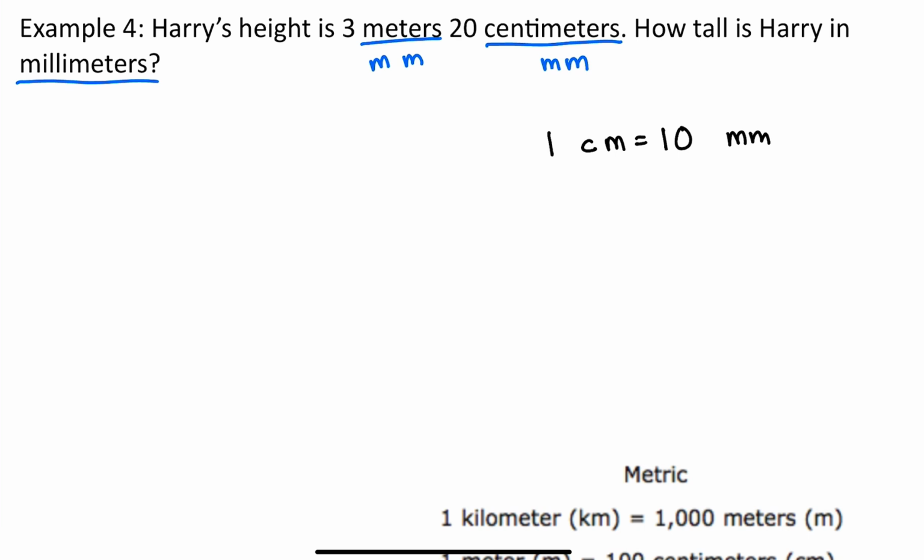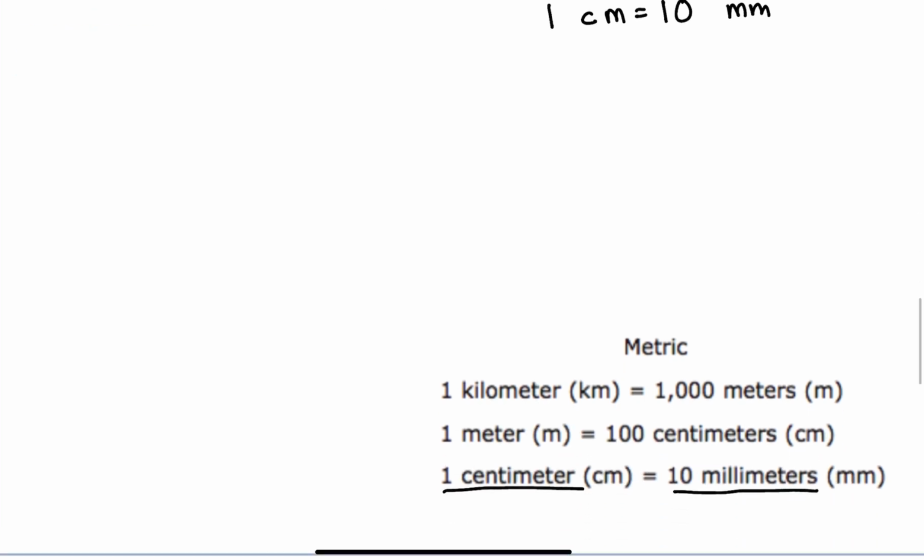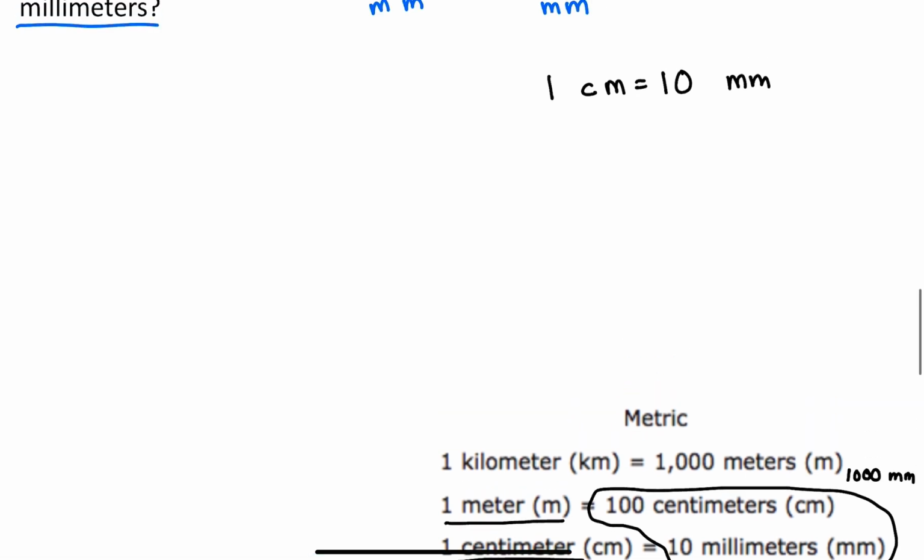But I also need the words meters and millimeters. And on that one, I'm going to have to go up because meter is here. So on that one, I'm going to have to multiply and get 1,000 millimeters. So on that one, 1 meter equals 1,000 millimeters.